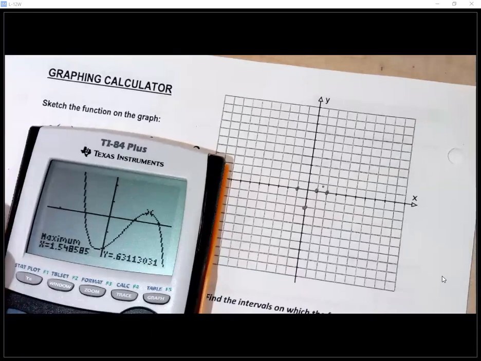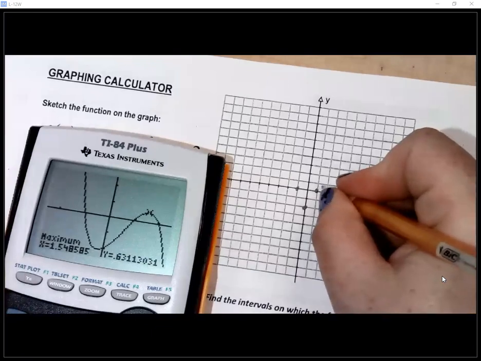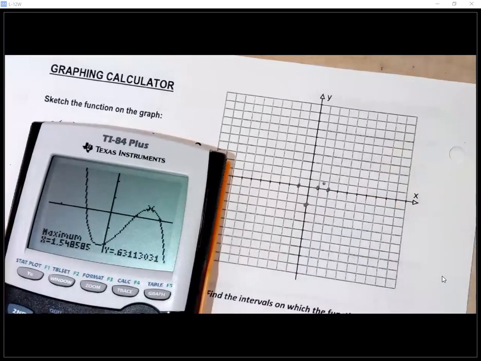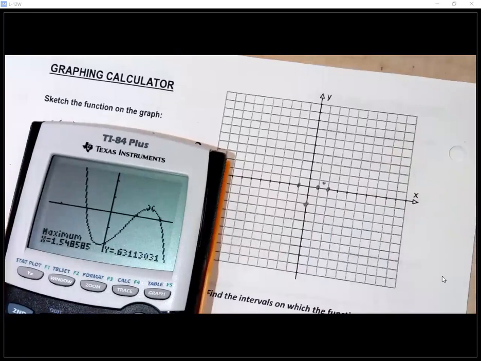Nice. I already added a dot to my graph for about where that's going to be. I only have one more thing left to find on the calculator, I believe, and that would be that relative min. So go ahead and find that relative min if you haven't already.